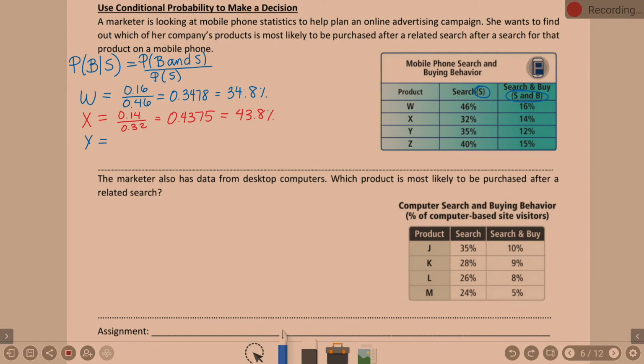Y, search and buy is 12% divided by searching, 35%. 12 over 35 gives 0.3428, which as a percent is 34.3%.